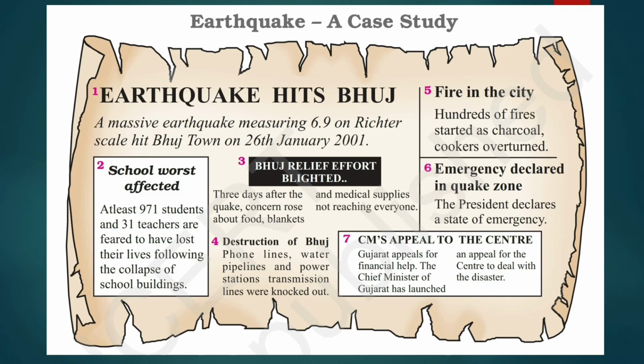Bhuj relief effort blighted. Destruction of Bhuj. Fire in the city. Emergency declared in the quake zone. CM's appeal to the center. These 7 steps are there in this case study. You need to arrange these steps in a proper sequence.